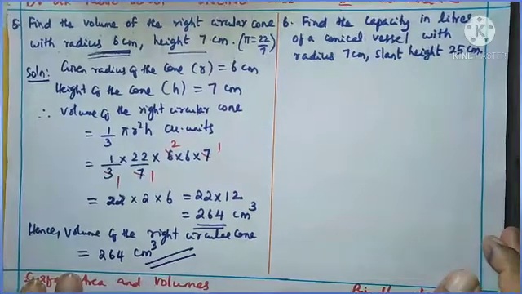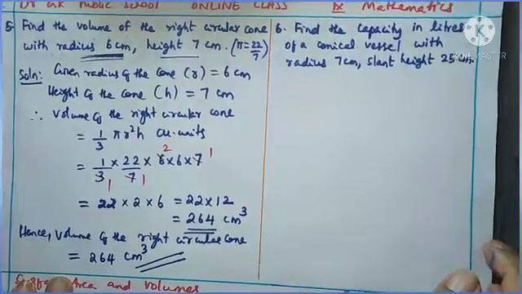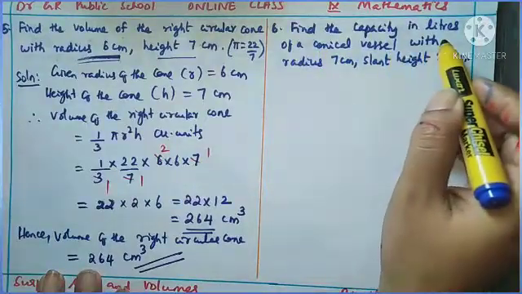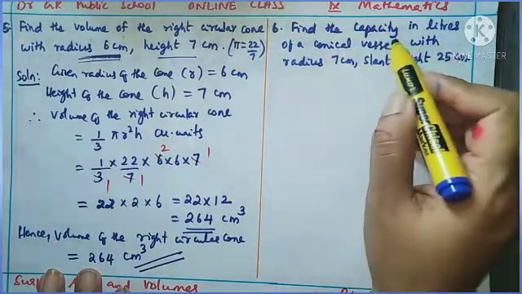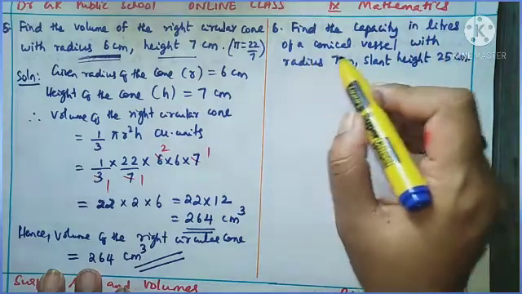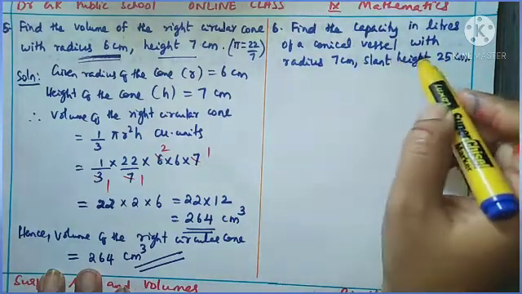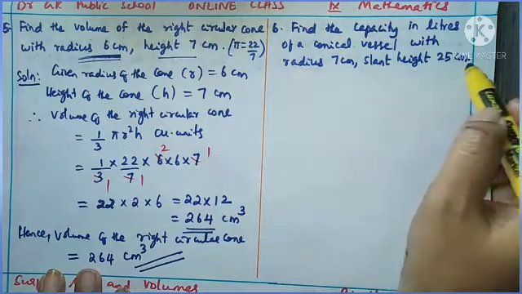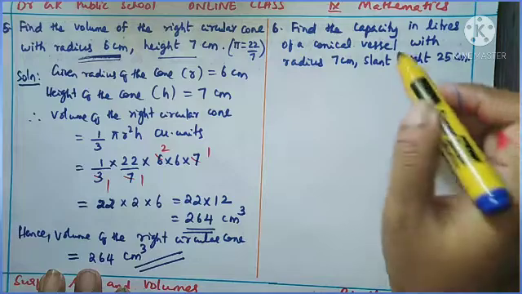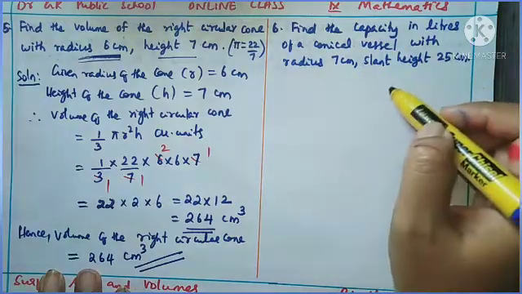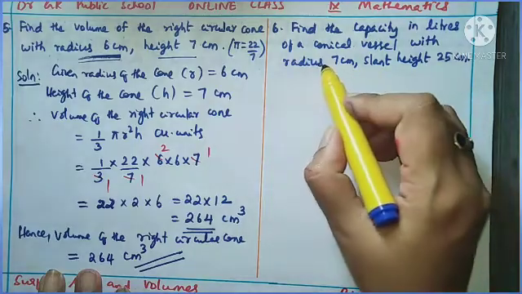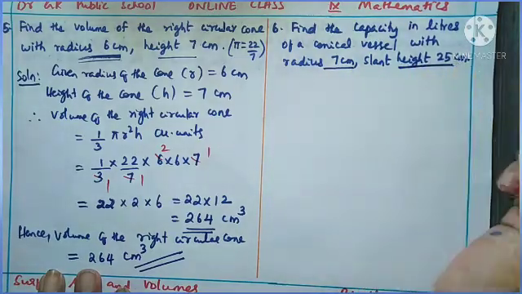Now come to the next question of volume. Find the capacity in liters of a conical vessel with radius 7 centimeter, slant height 25 centimeter. Okay, so here in this question we need to understand more carefully that radius is given, slant height is given.